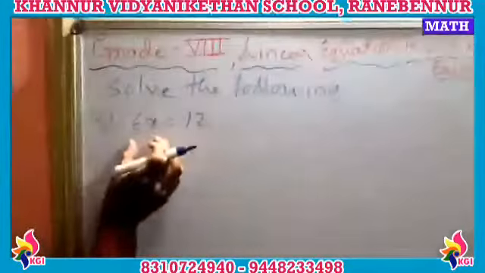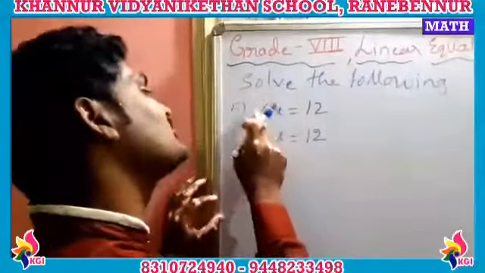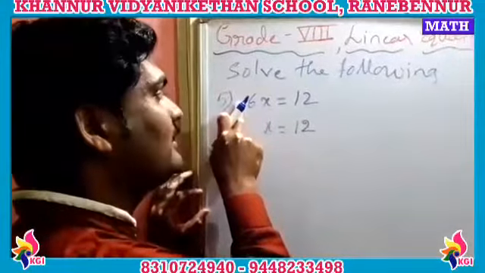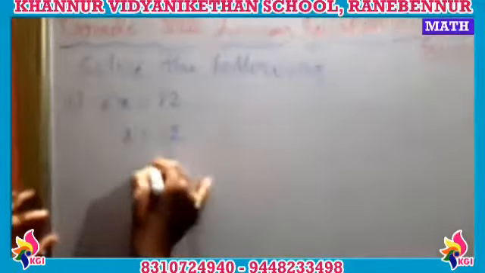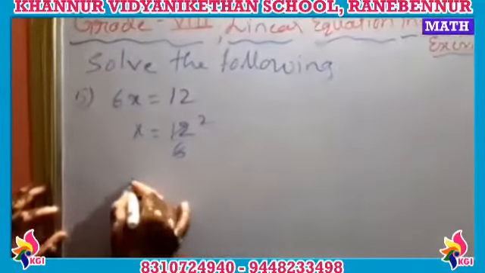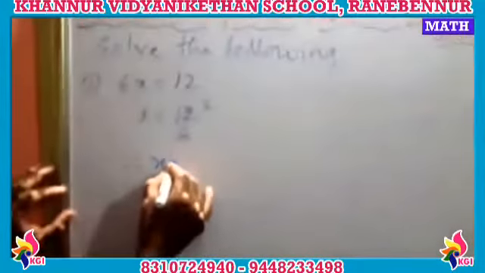I don't want 6 with x. So it is a multiplication, and 6 is there in the numerator. That 6 goes to the right hand side and becomes division. Correct? So 6 and 12 are coming in the same table. 6 ones are 6, 6 twos are 12. Therefore x is equal to 2. Understood, children? The product is going to become a division.